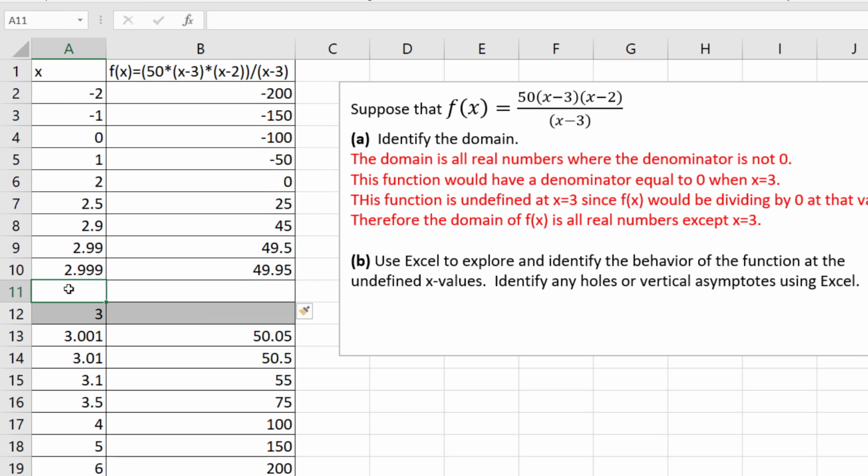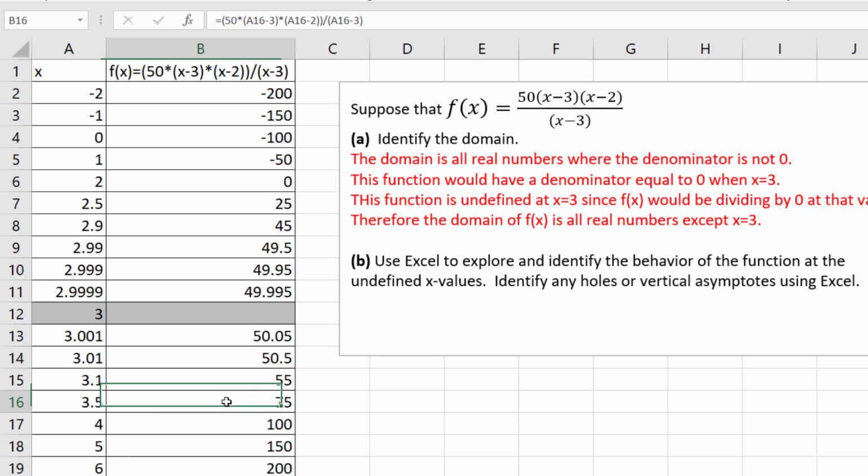So for example, I could add 2.9999 to my table, and we see the y value is 49.995. You could keep inserting x values if you really are unclear about what's happening until you get a sense of the y value. But it turns out these y values are approaching y equals 50.